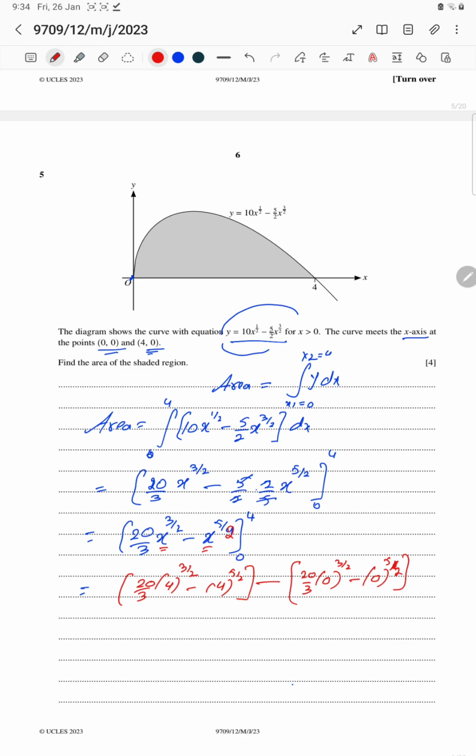Okay, we solve this with the help of a calculator, and we get the area of the shaded part. The area of the shaded part can be calculated as 64 by 3, or 21 and 1 by 3, unit square. That's the answer.